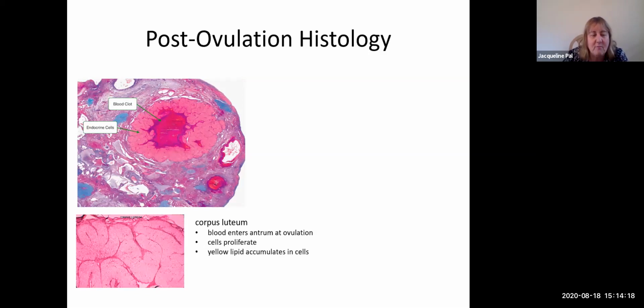And these cells have massively proliferated, which gives it this undulating appearance. Because it's filling up that space in the antrum, the cells aren't just growing like this, they are growing as if, like in the brain, you have the gyri. So that's what a corpus luteum looks like.